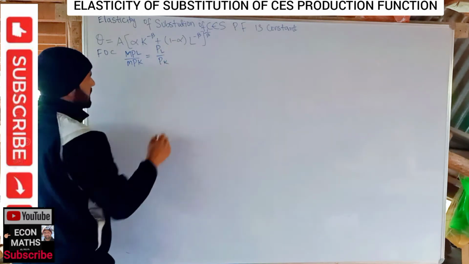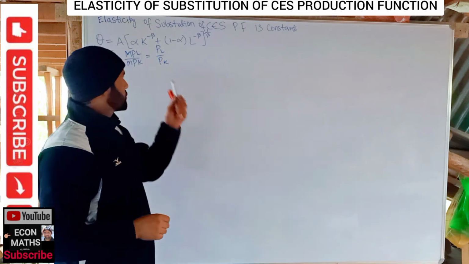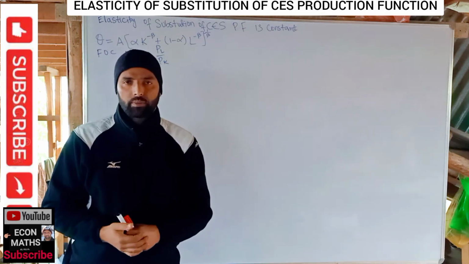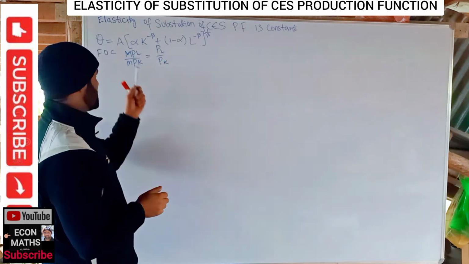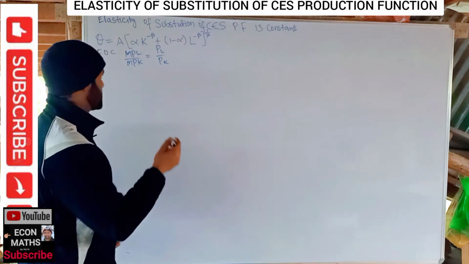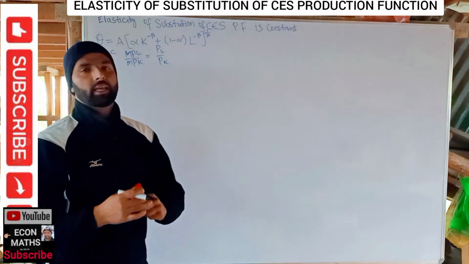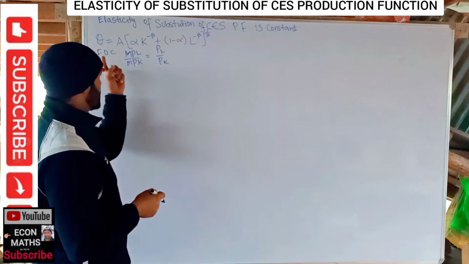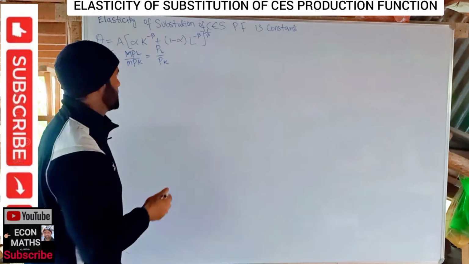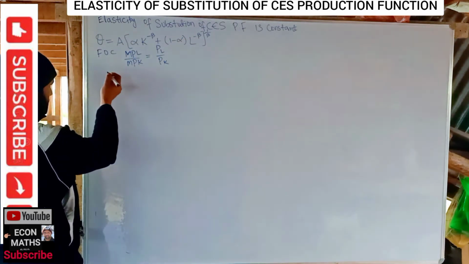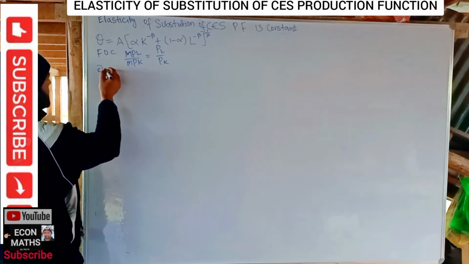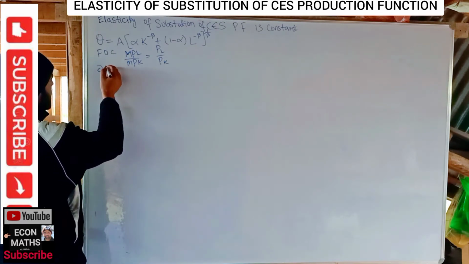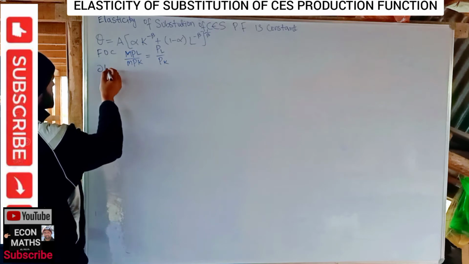Marginal productivity of labor, as we know, is the first derivative of this production function, that is, MPL is dQ divided by dL.